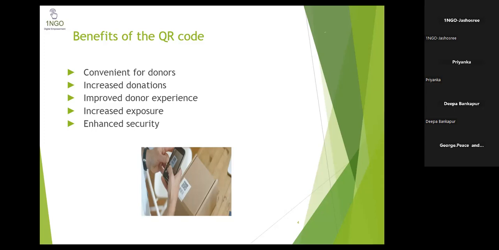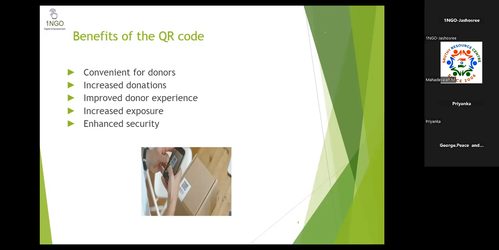They are eagerly ready to do the donation. There is no interruption. And improved donor experience. QR codes provide a seamless and efficient experience for donors. This helps to build trust. Trust is very important here, and a positive relationship between the charity and its supporters.